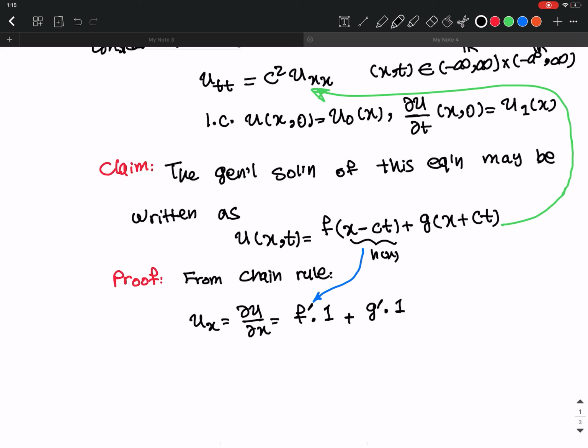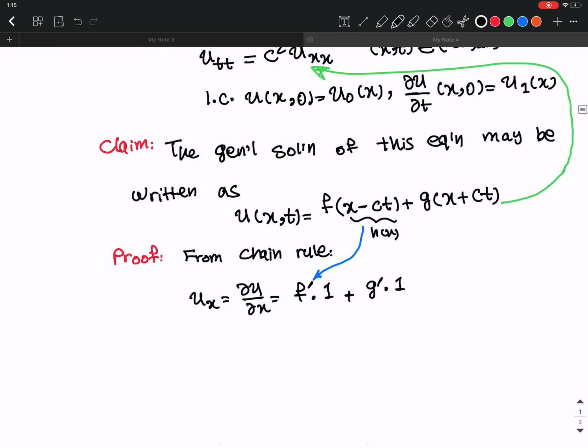So this is the first derivative of u with respect to x, and then we can also find the second derivative. Partial squared u over partial x squared equals, from the above equation, f double prime plus g double prime.